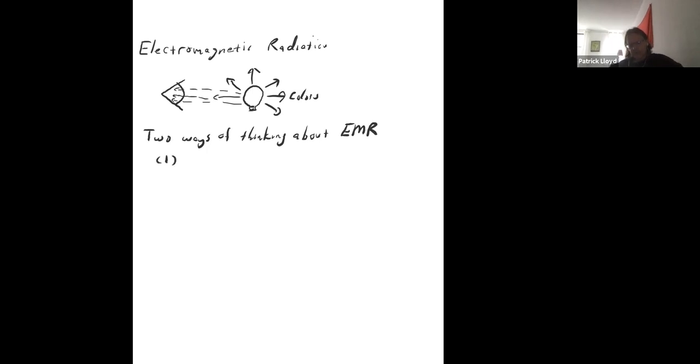One is what we call the particle model, which is the idea that if you deconstruct electromagnetic radiation down to its finest detail, there are actually little particles that are responsible for carrying the energy of light. And these little particles are called photons.